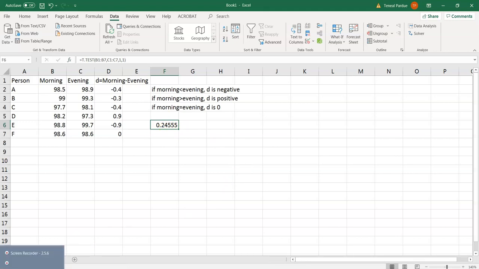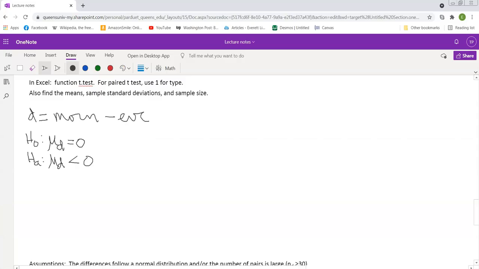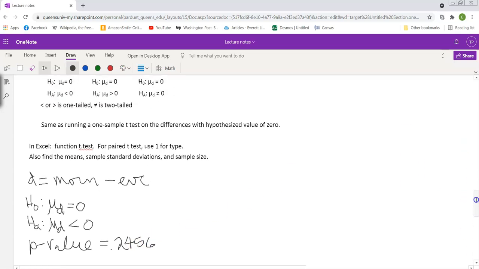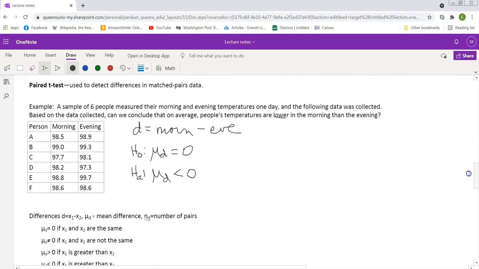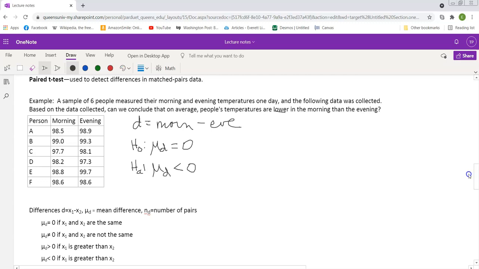Our p-value there is 0.2456. They didn't give us an alpha in this problem, but this is one of those where it really doesn't matter because we're going to get the same conclusion regardless.